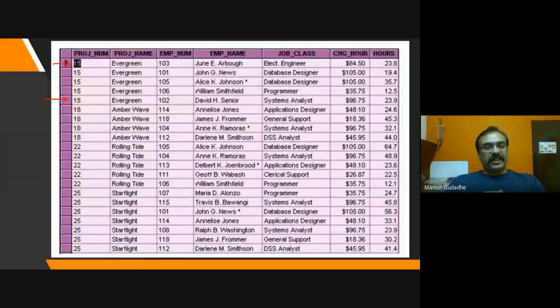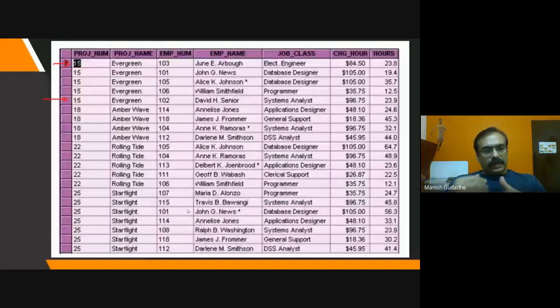Okay, if people are not understanding, just let me know. See here, project name alone cannot act as a primary key because ultimately a primary key should not repeat itself. So it is repeating. Can employee number be a primary key?